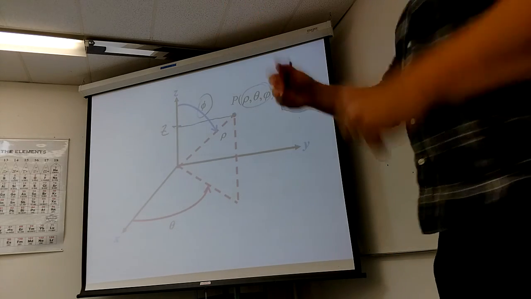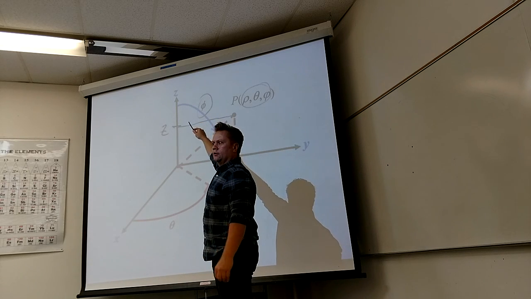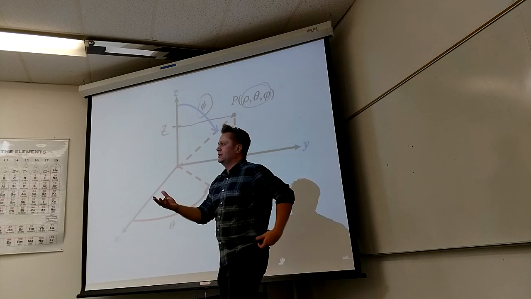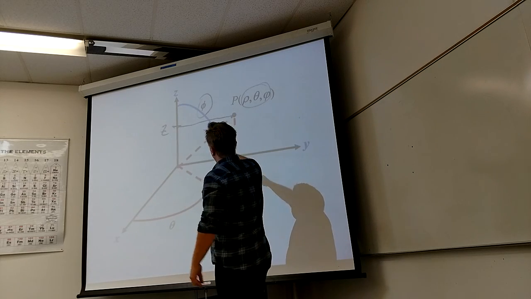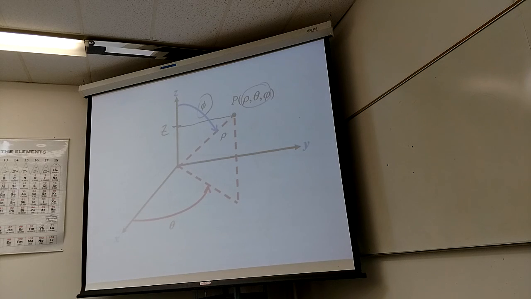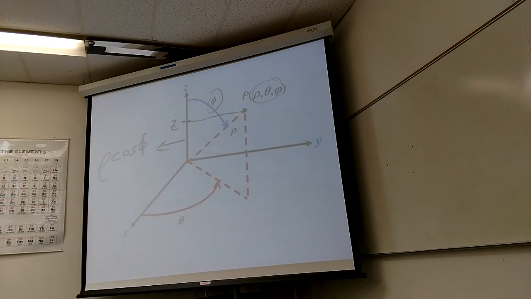Okay, so what must it be then? I just made a little triangle, didn't I? Not that bad, guys. Rho cosine? Yeah, it's just rho cosine. So z is going to be rho cosine phi.